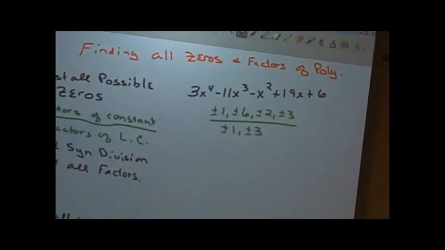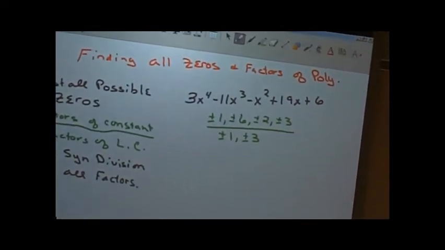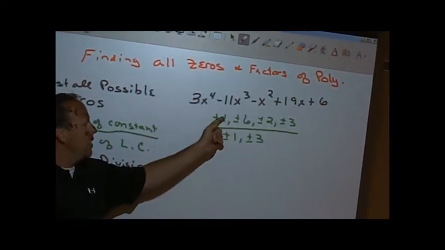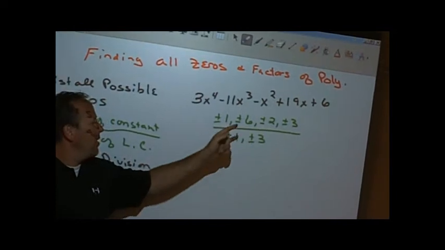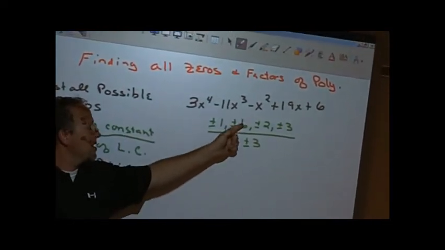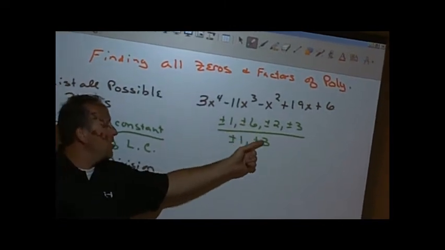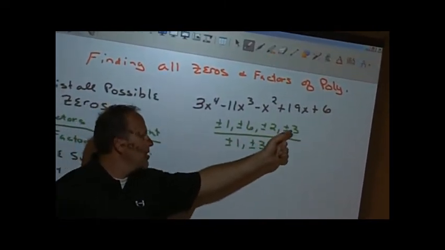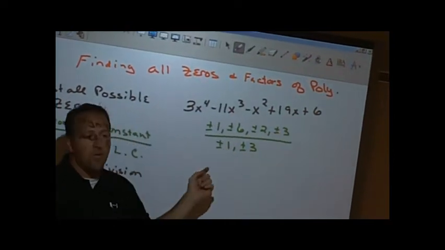So now look at my possibilities: positive 1, negative 1, positive 1/3, negative 1/3. And you don't have to write this down, of course. Plus 6, minus 6, plus 2, minus 2, plus 2/3, negative 2/3, plus 3, negative 3.